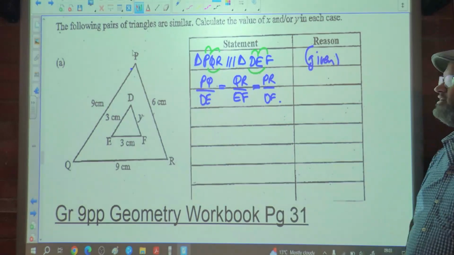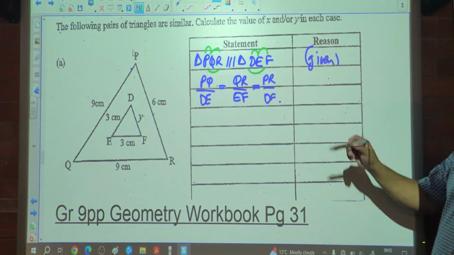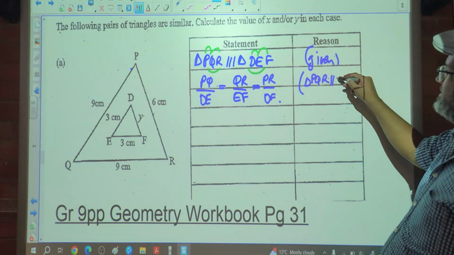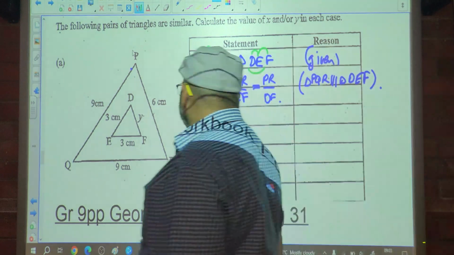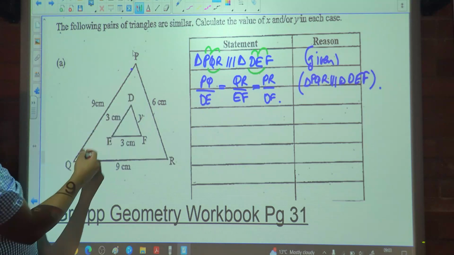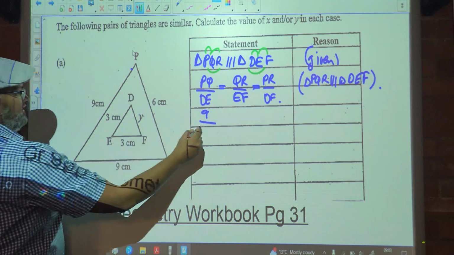What's your reason here? Sides are in proportion, or you can say the triangle PQR is similar to triangle DEF. So what can I do with that now? What's the length of PQ? 9 over DE 3.